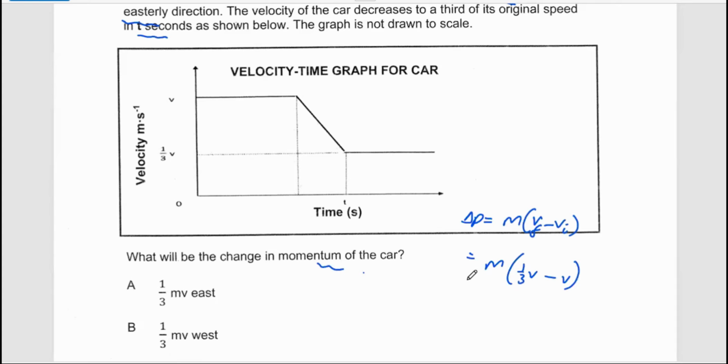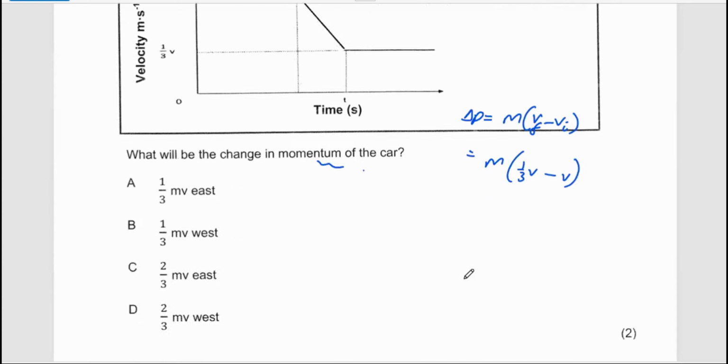When we simplify this, our m is going to be 1 over 3 minus 1. That's going to be negative 2 over 3, negative 2 over 3, but v. Meaning that the overall change in momentum is going to be negative 2 over 3v.